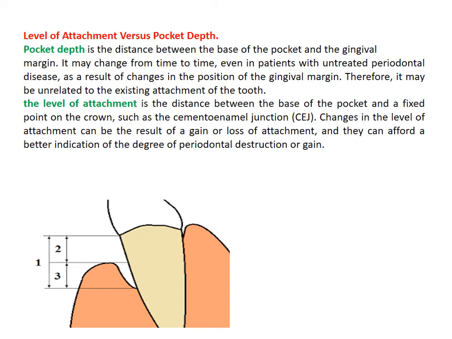Level of attachment: as we said previously, this is the probing pocket depth, and from the cemento-enamel junction to the base of the pocket is loss of attachment. The difference between the two is gum recession. This is loss of attachment, this is probing pocket depth, and this is gum recession.